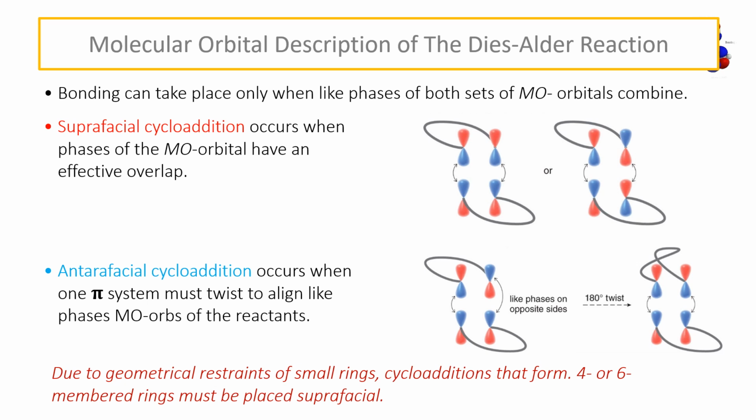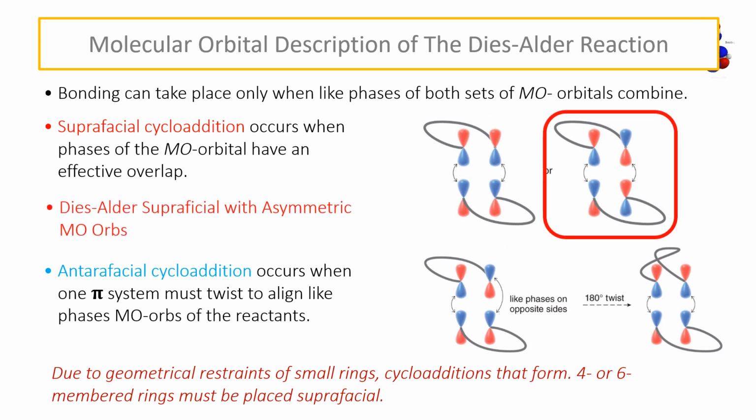In a cycloaddition, or any pericyclic reaction, bonding can take place only when like phases of both sets of molecular orbitals combine. In the case of this cycloaddition, we have a suprafacial overlap with asymmetric molecular orbitals. We can also have antarafacial cycloaddition, but this is not the case for us.